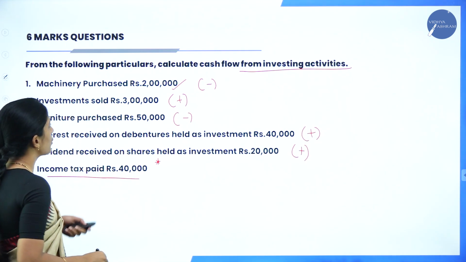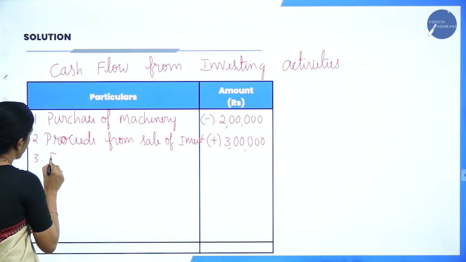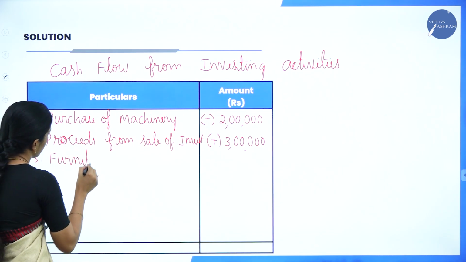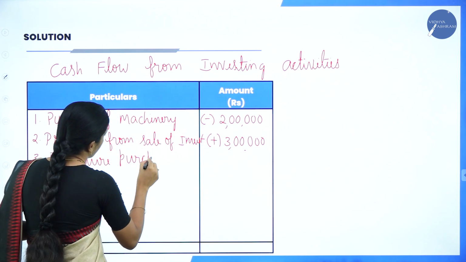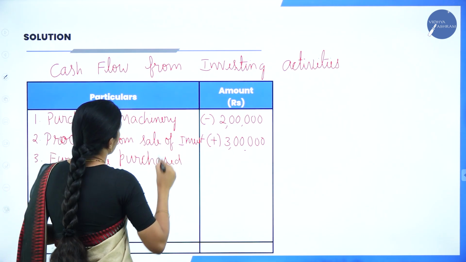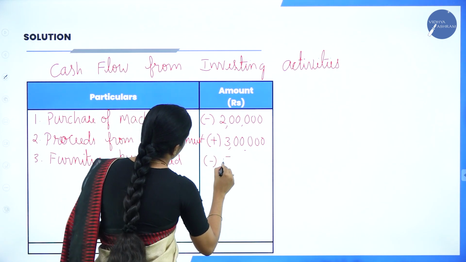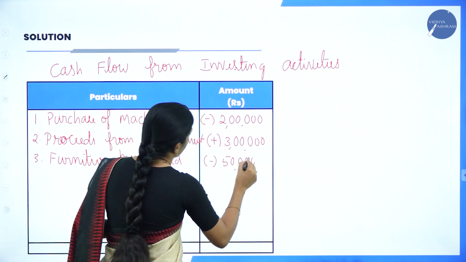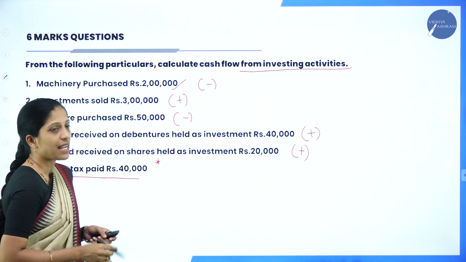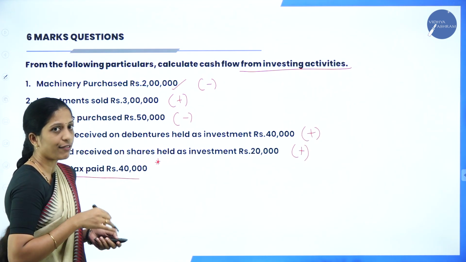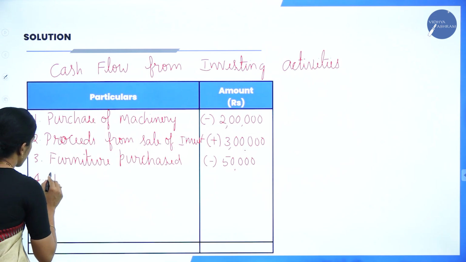Next is furniture purchase. So it is minus. Furniture purchased, that is minus 50,000. Next one, interest received on debentures held as investment. It is inflow, so plus 40,000.